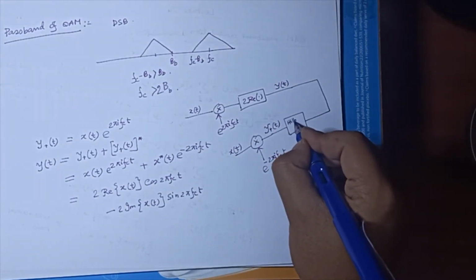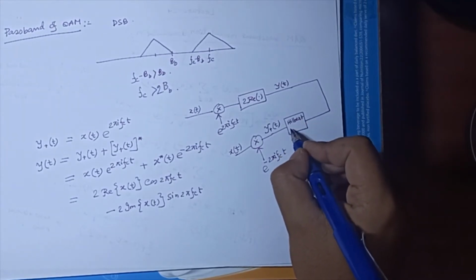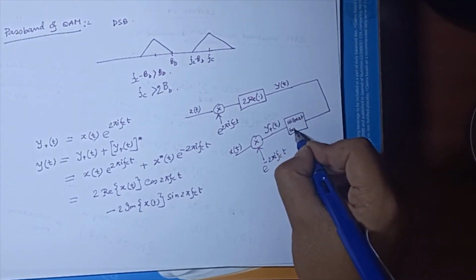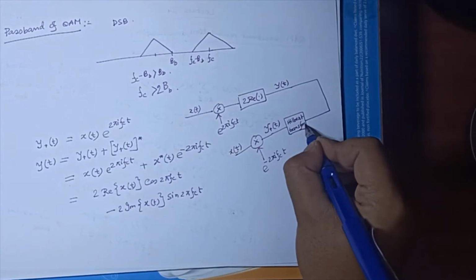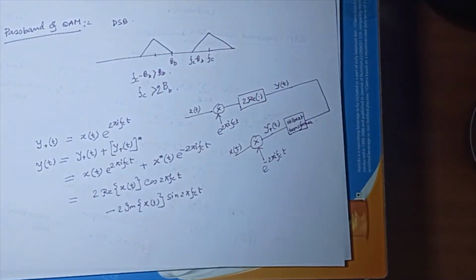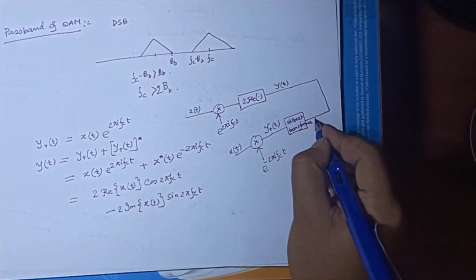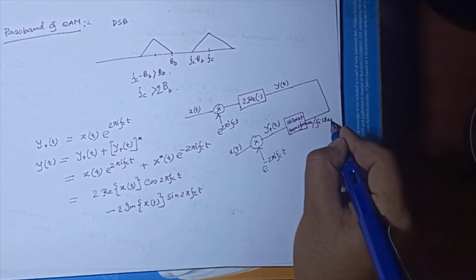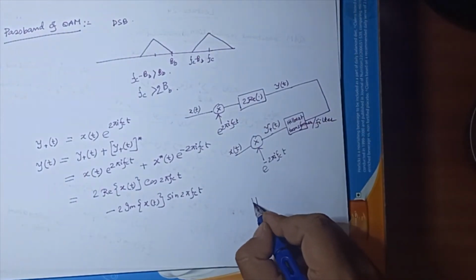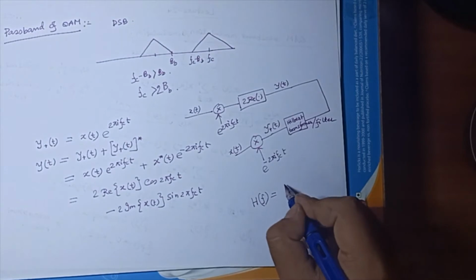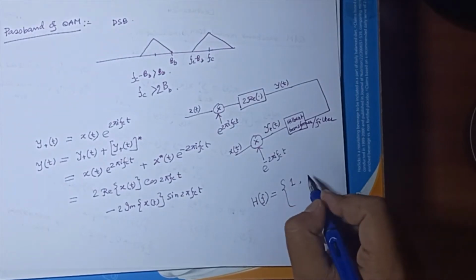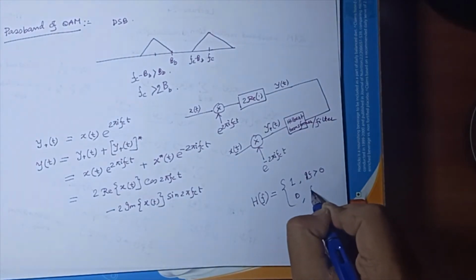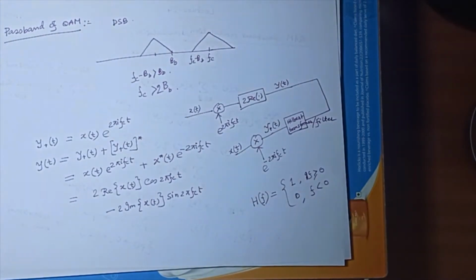This is the so-called Hilbert filter or Hilbert transformer. The Hilbert filter can be designed as follows. H(f), the frequency domain design, is basically 1 for all positive frequencies and 0 for all negative frequencies.